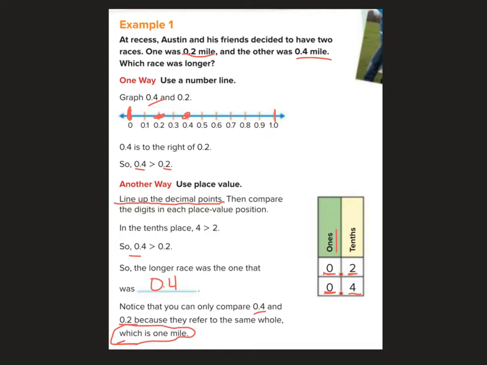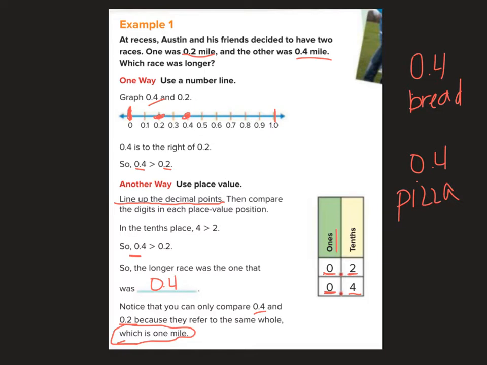Their point that they're making there is, if I say 4/10 of a slice of bread, what's bigger, 4/10 of a slice of bread or 4/10 of a jumbo-sized pizza? Can I compare those two things, bread and pizza? No. If I cut half a piece of bread and eat it, am I going to be as full as if I eat half a pizza?